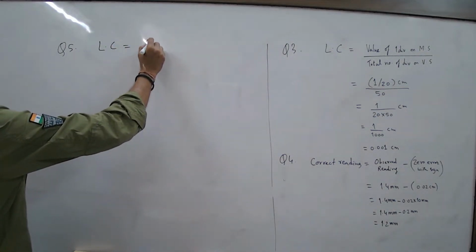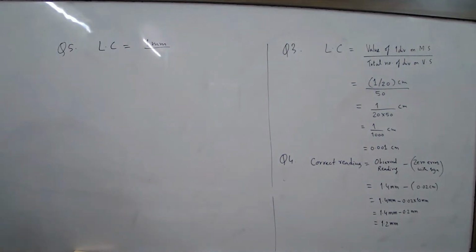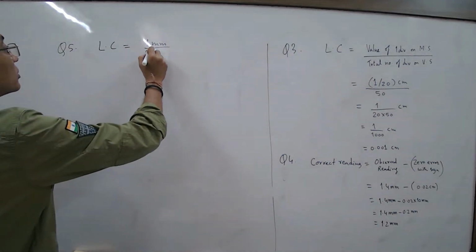1 division, meaning 1 millimeter, divided by the number of divisions on vernier scale, which is 10. So 1 millimeter by 10.